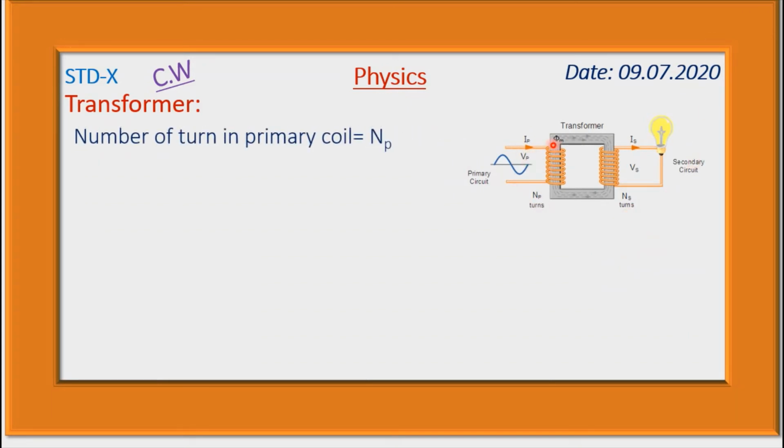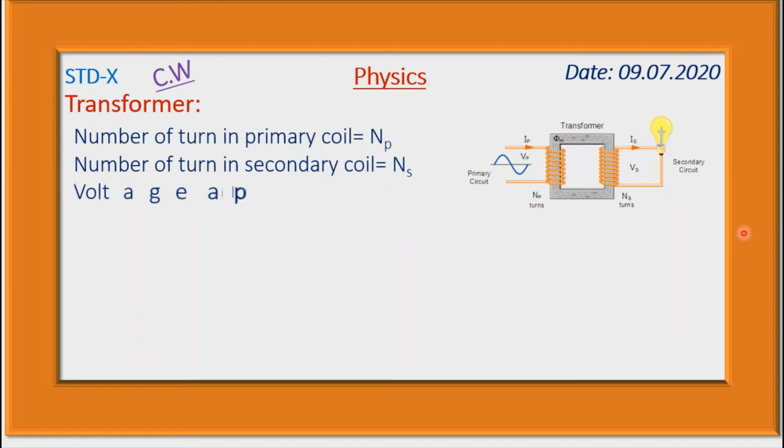Here the input voltage is applied, and this coil is known as the primary coil and this coil is known as the secondary coil. Consider the number of turns in the primary coil is Np. Here the number of turns is Np, and for the secondary coil, that is the output terminal, the number of turns is Ns, S for secondary and P for primary. The voltage applied in the primary coil is Vp.